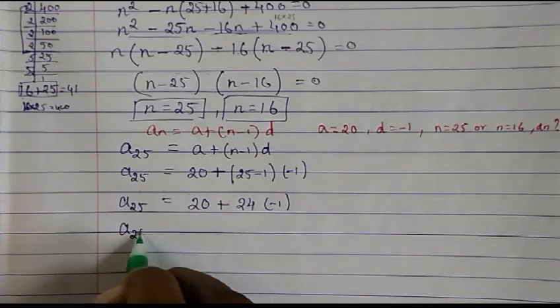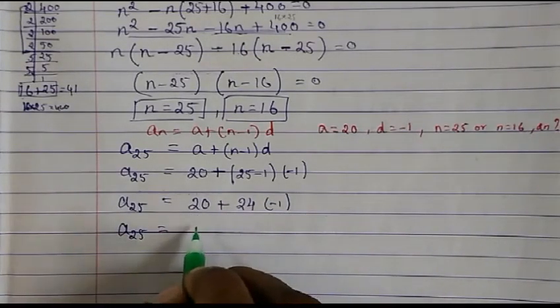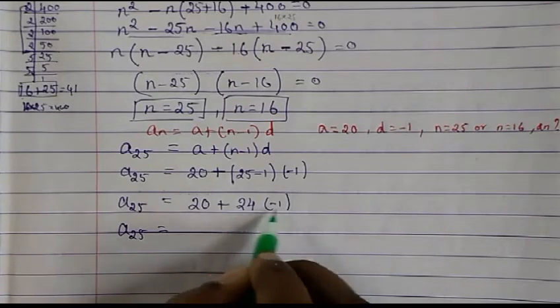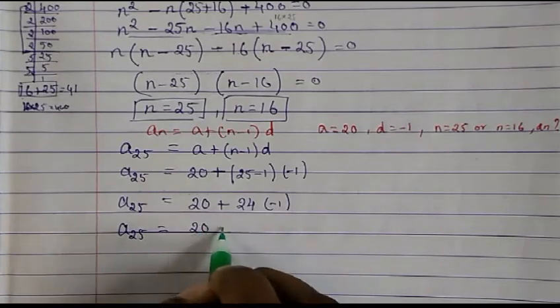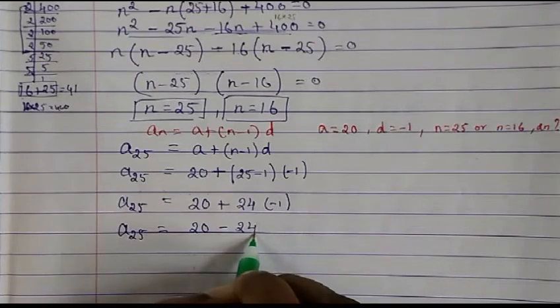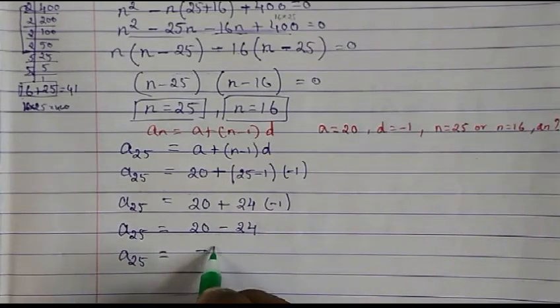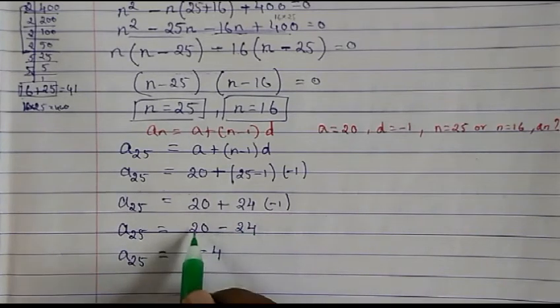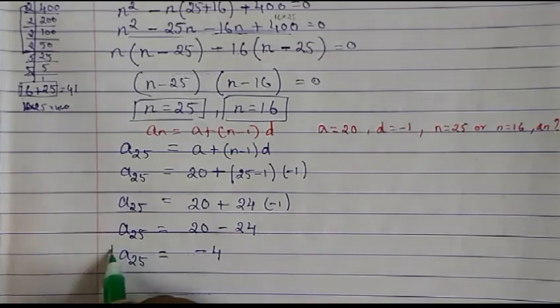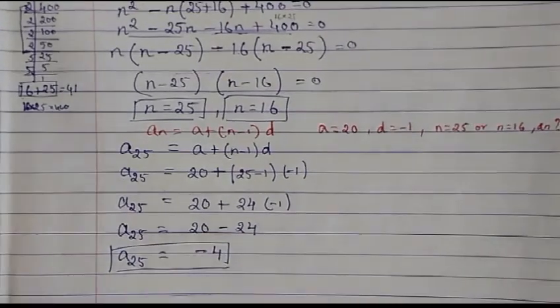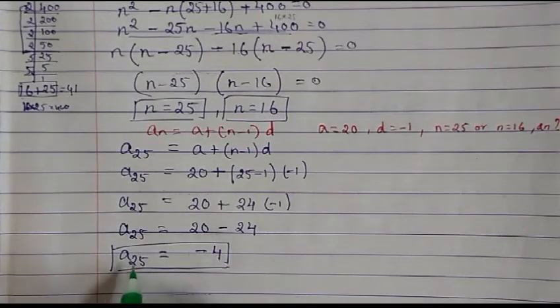So A25 equals 20 minus 24. That means A25 we will get minus 4, because if you subtract 24 from 20, the bigger number's sign applies, so minus 4.